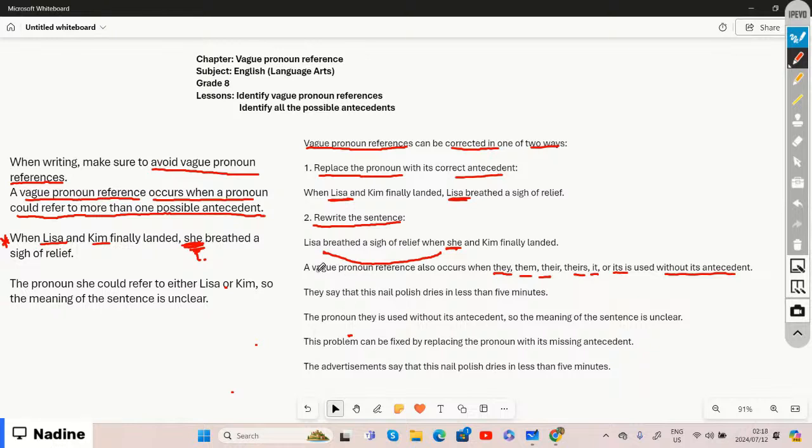For example, they say that this nail polish dries in less than 5 minutes.